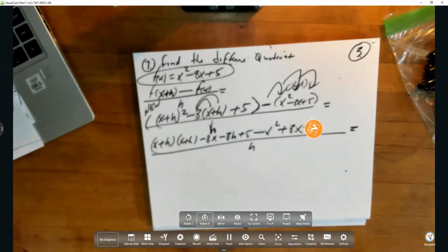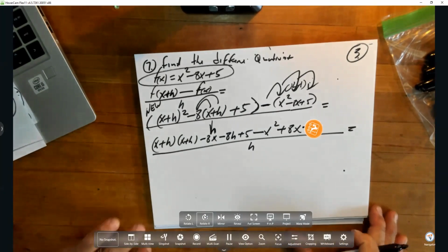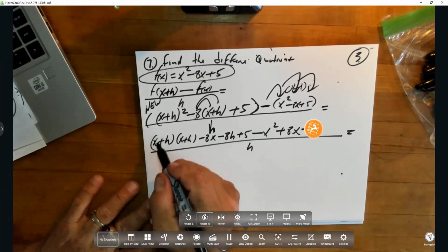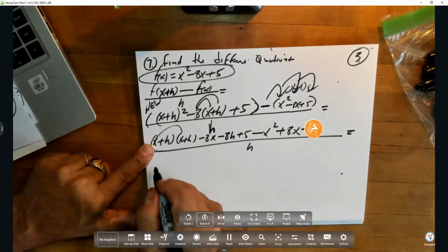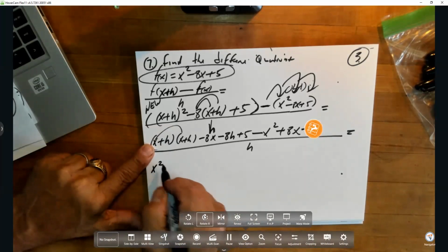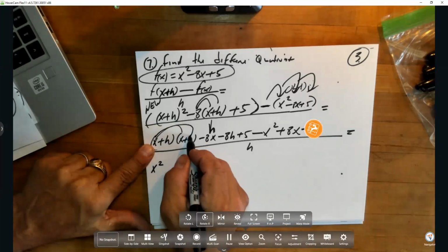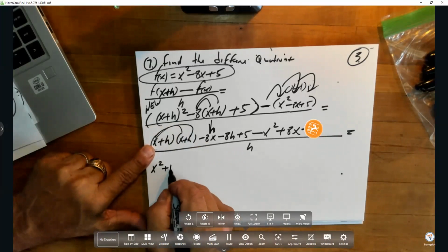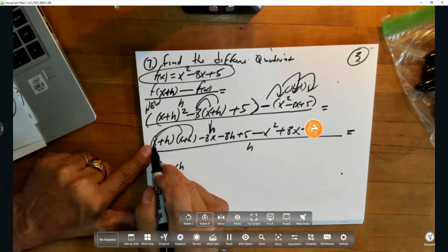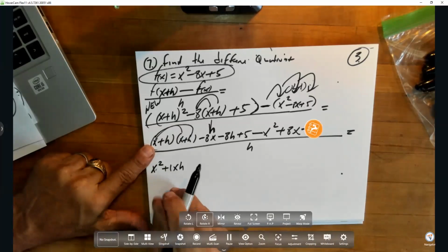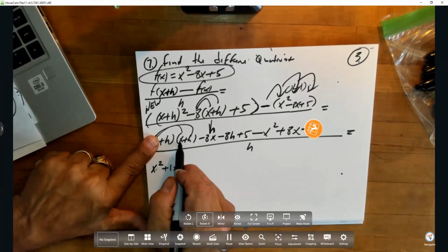All right. So now I'm going to do FOIL, F-O-I-L, whatever you want to call it. Ready? I'll do slow motion. x times x, x squared. x times h, 1xh, yes or no? Yes. Now the next one. x times h again, or h times x, it's the same thing.